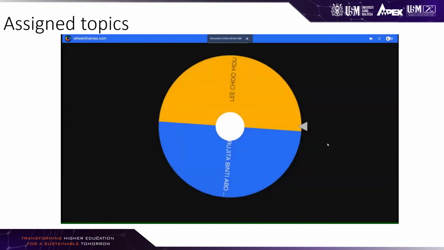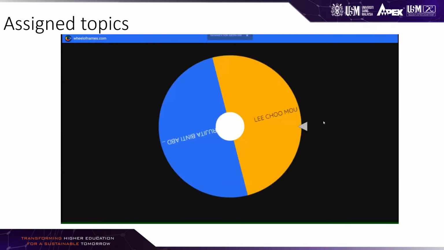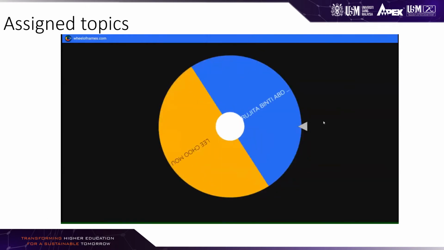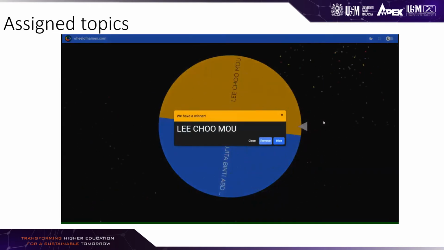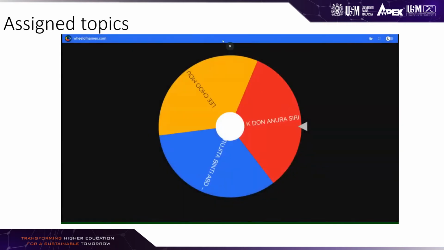solar cell. Next one is the topic of LED. So Lee is going to discuss the topic of LED, and the remaining is Rajita, that is the topic of photodetector. Okay.